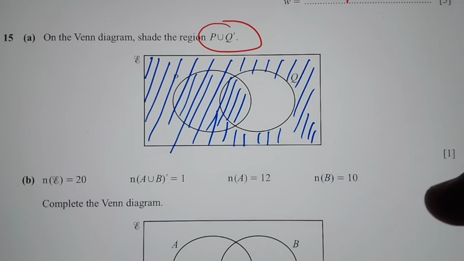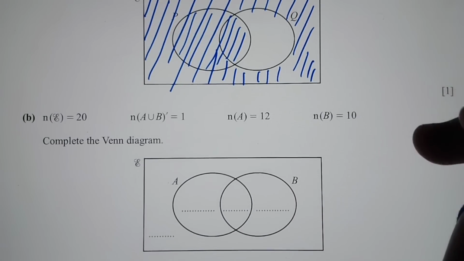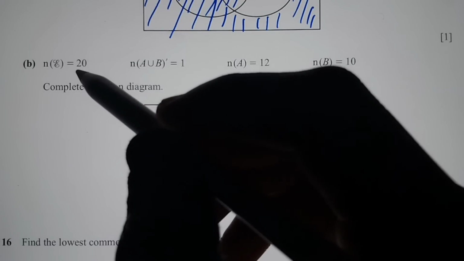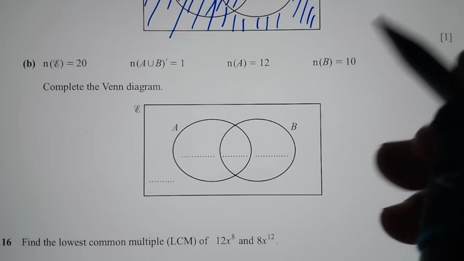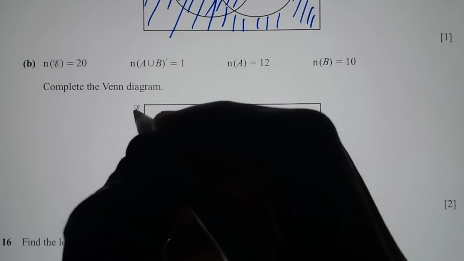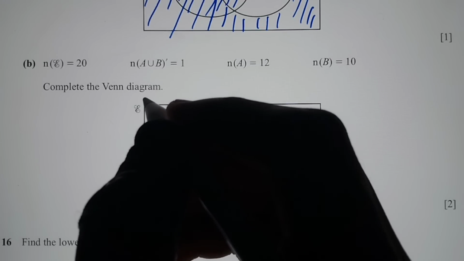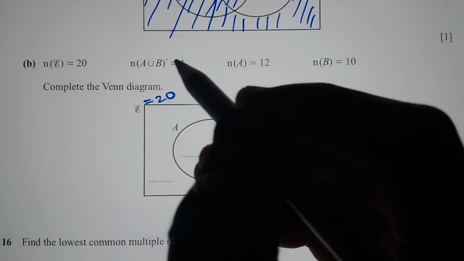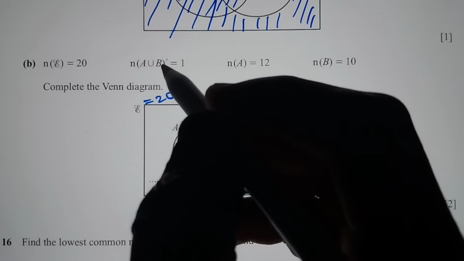The B part says, for the second Venn diagram, the universal set is 20. So E is 20. We are not required to write it, but E is 20. N of A union B prime is 1.